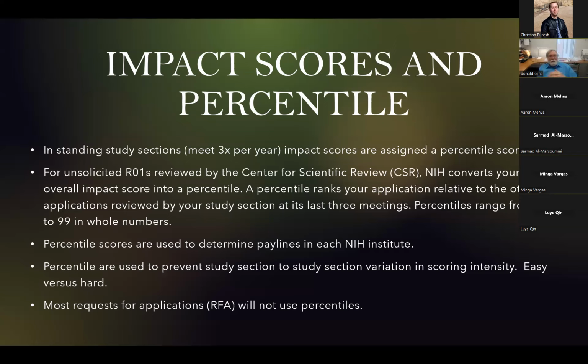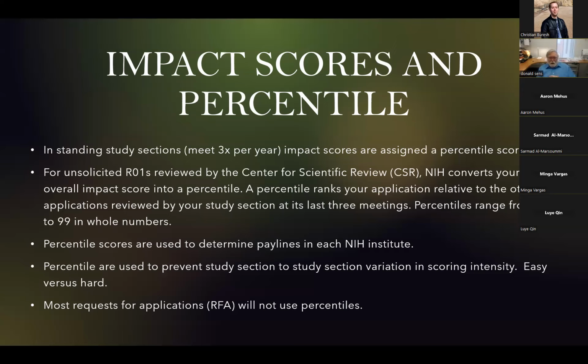And for the standing study sections that meet like this, those percentiles are what the NIH uses for deciding what the pay line is, or where they're going to fund a grant, or where they're going to cut off funding of grants. So the percentile becomes really important in this, as well as your preliminary scores.